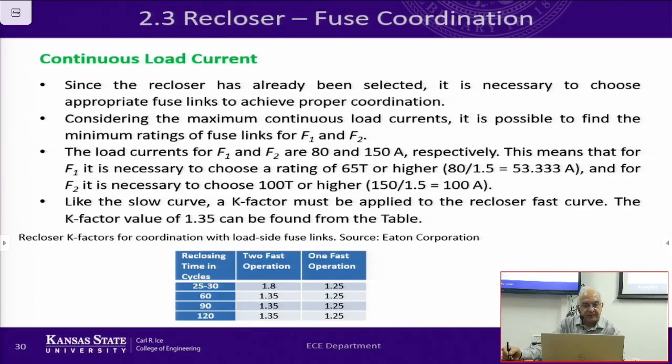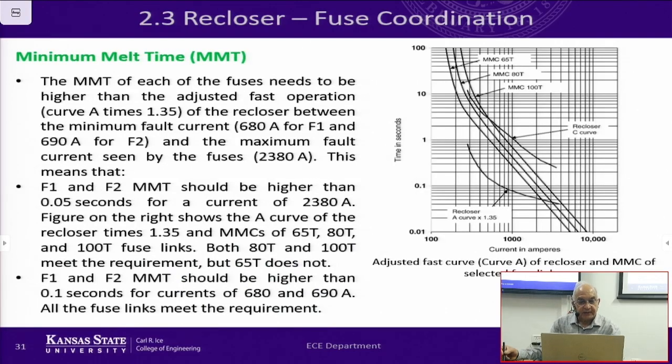And like the slow curve, a K factor must be applied to the recloser fast curve, and that K factor can be found from the table. So we use 1.35 for two fast operations, and we are assuming that the reclosing time is 60 cycles.